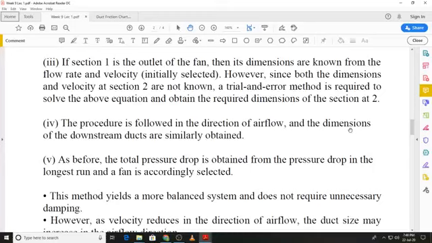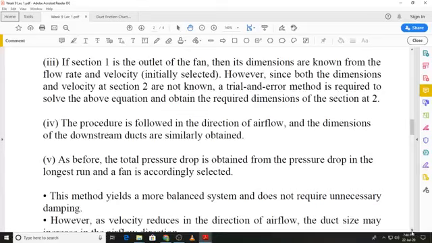Initially we have the flow rate and the velocity, so we will find out the duct dimensions from that information. Then we move on to the next section. In the next section we will assume a velocity, go through a trial and error solution, and when the solution converges, we move on to the next section and repeat the process.